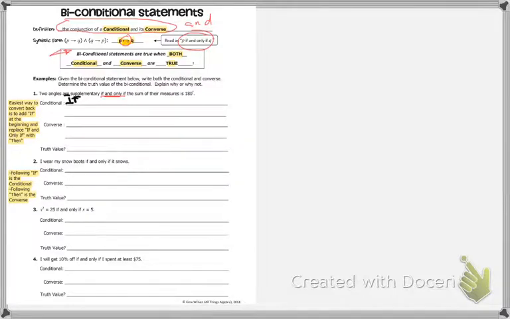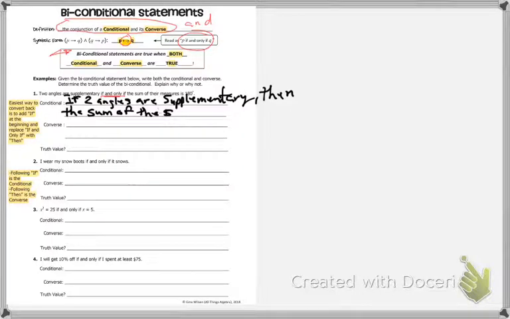If two angles are supplementary, then the sum of their measures is 180.